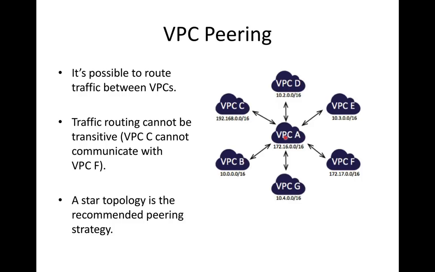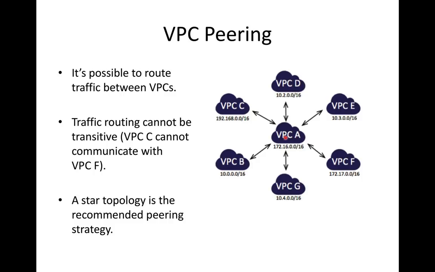Another feature of VPCs is that you can create multiple VPCs within a region, or even potentially across regions. And then you can set up what's called VPC peering to connect VPCs together.